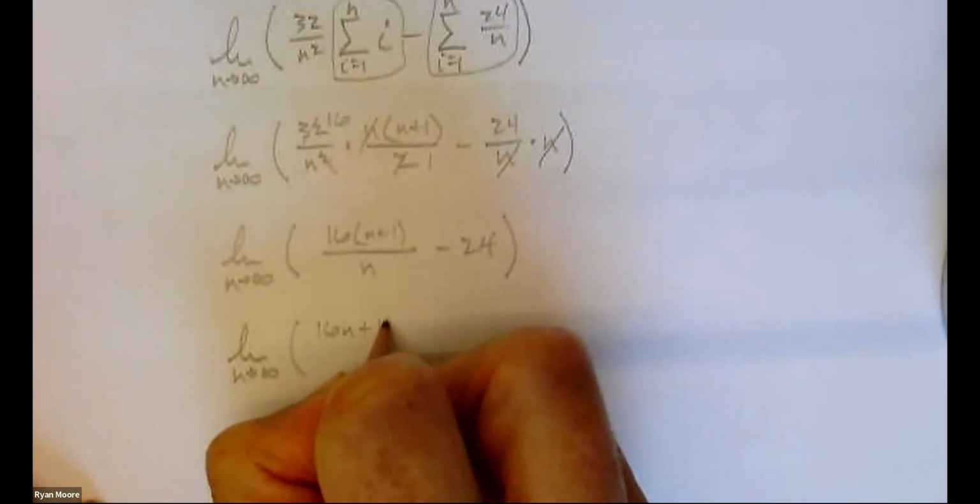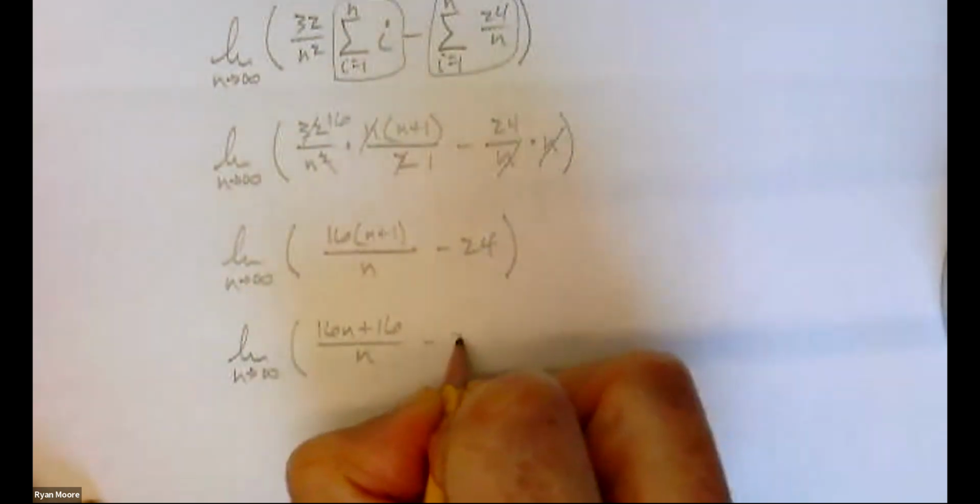Not too bad. So this is going to be 16n plus 16 over n minus 24. Okay. Here again, we just have the n in the denominator.